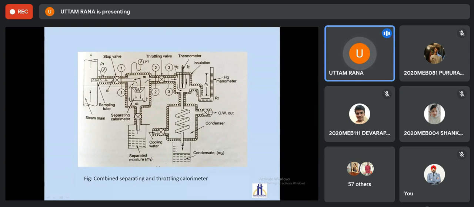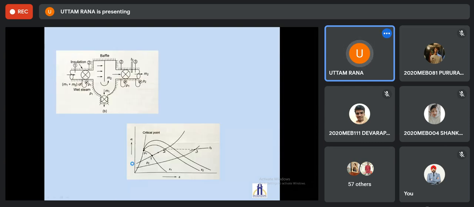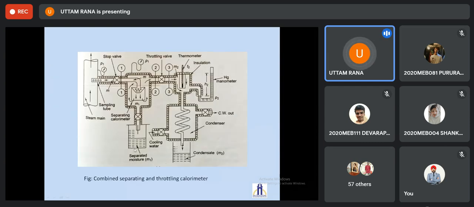Now what will leave? When this separating takes place, only the water which is present is separated. Vapor will leave, right? So what is the difference between 1 and 2? It is the moisture which has been collected. Then it comes to state 2. So the quality of state 2 will be higher than the quality of 1, or not?